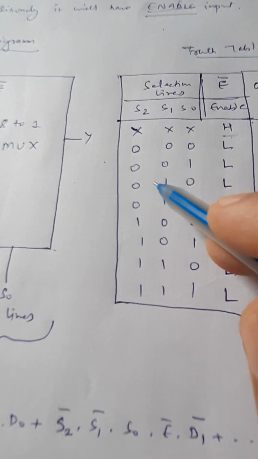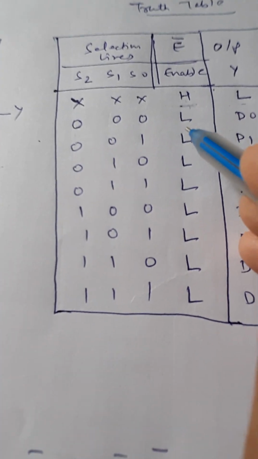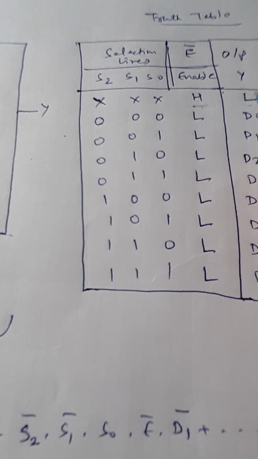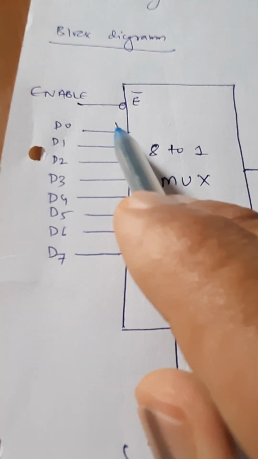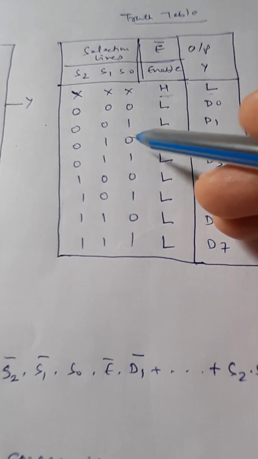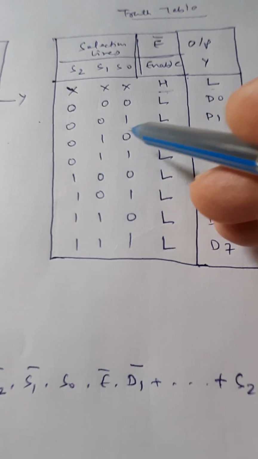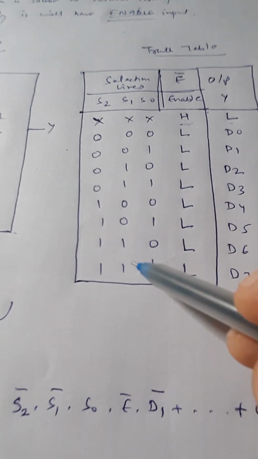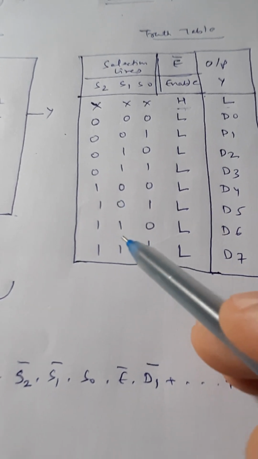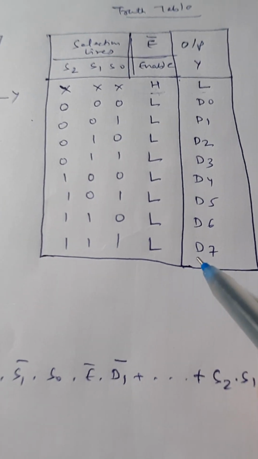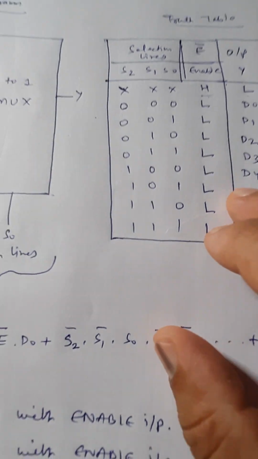Otherwise it is similar. For 0 0 0 with enable L, the output is D0, that means the D0 line is transferred to output Y. Likewise, for 0 0 1 D1 will be the output, for 0 1 0 D2 will be the output, and likewise all combinations work, and for 1 1 1, D7 will be given as the output by the circuit.